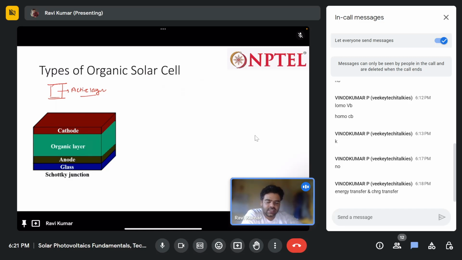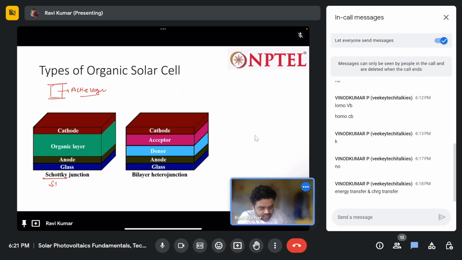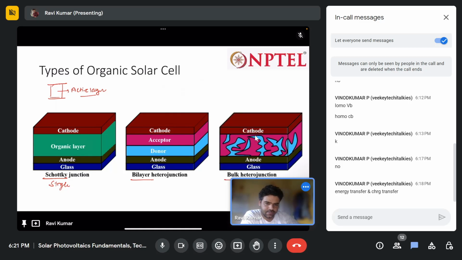Based on the configuration of this layer, we have three types of organic solar cells. Even more are coming, and these three types are the Schottky junction, which means single junction, then the bilayer, and then the bulk heterojunction. Here there is only one layer, and here there are so many layers. But you will understand why it is so.